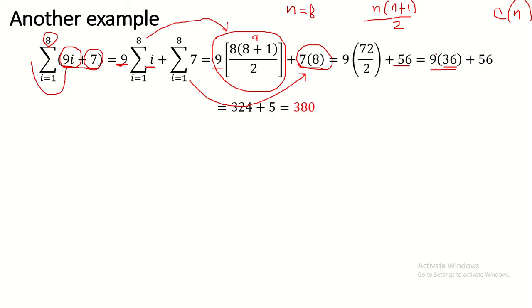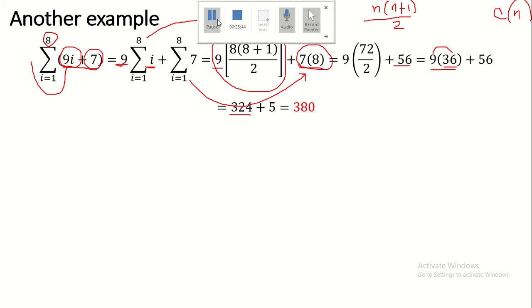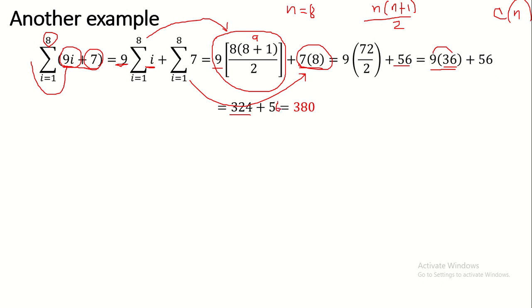So we have 9 times 36 is 324 plus 56. So 324 plus 56 is equal to 380.